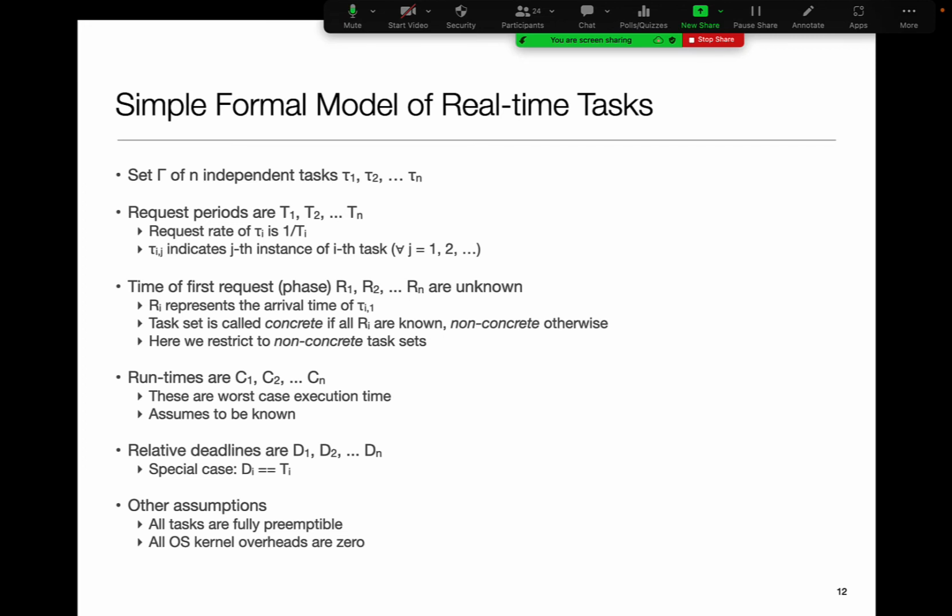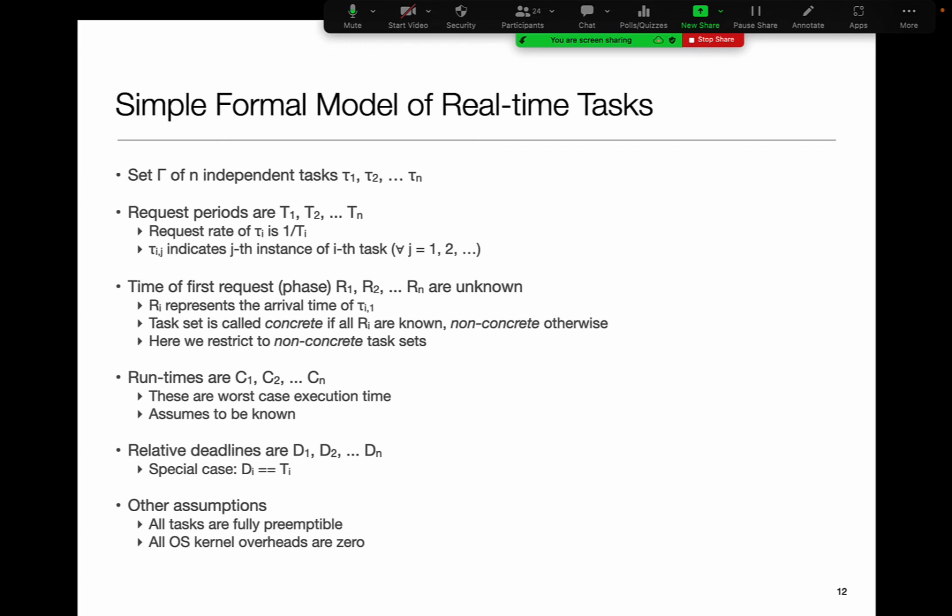The bigger point I want to make is, if I know the t sub i's for the different tasks, and if I also knew the r sub i's for all the tasks, then everything about my system would be known, the entire future, right? When every copy of every task is arriving. There's nothing unknown about the system at that point. And for those systems, I may have a computationally complicated problem, but I can solve everything. I can unroll time ad infinitum and give you a schedule. I can just work it out.